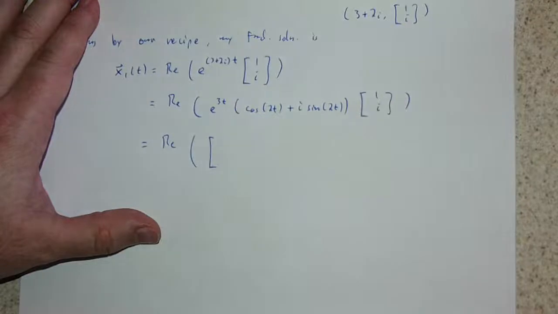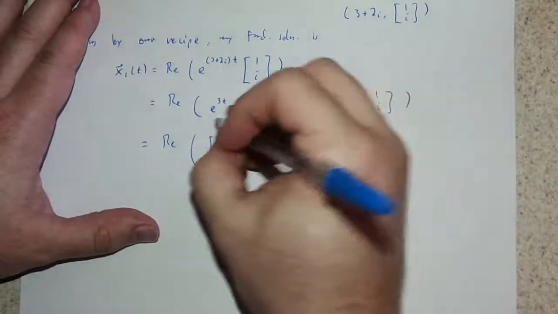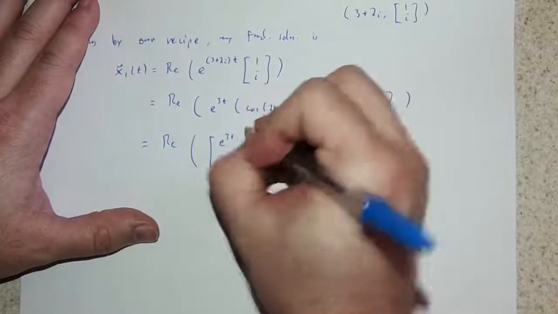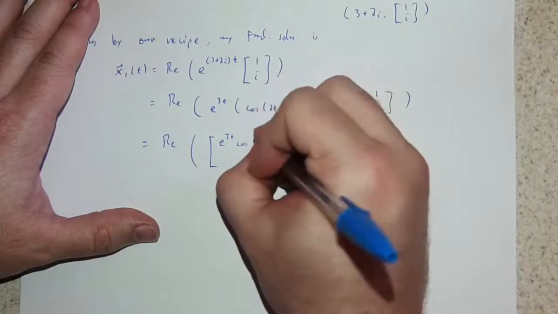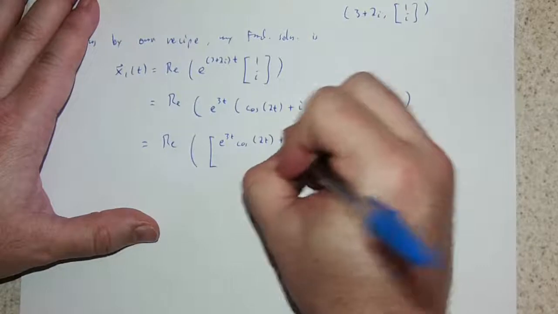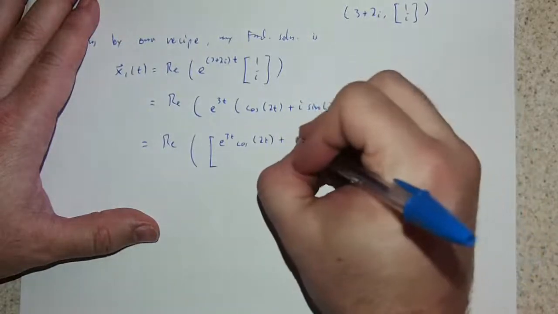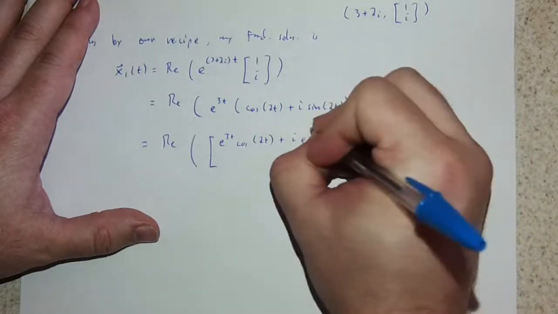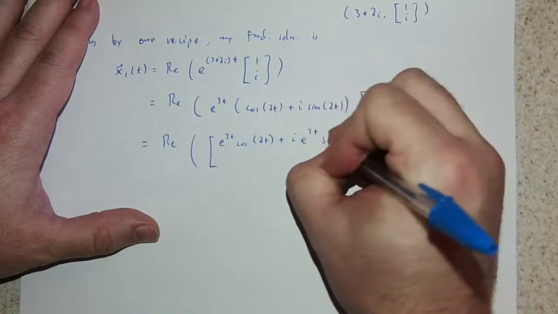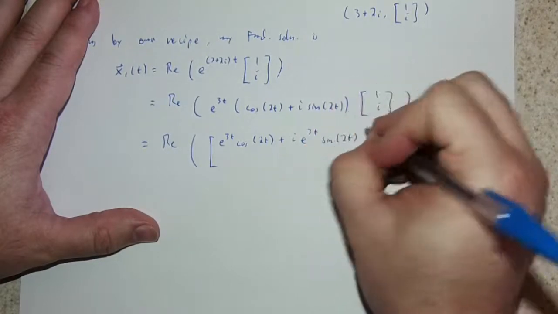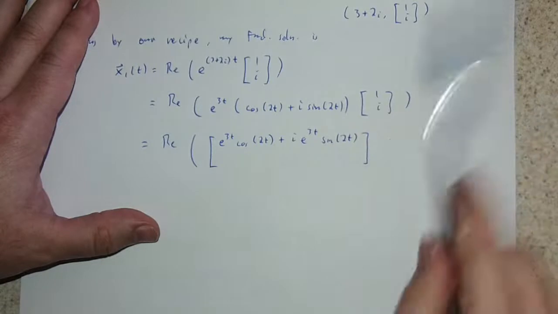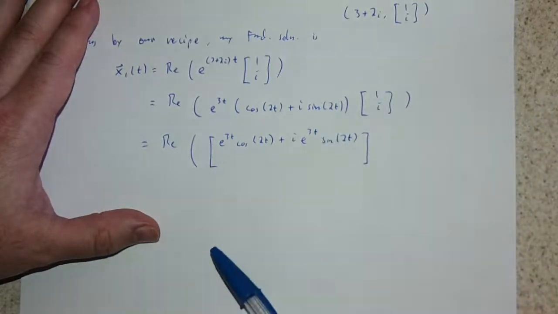Let's just write it as a vector if you like. So this would be e to the 3t cosine of 2t plus i times e to the 3t sine of 2t in the first slot, because I'm just multiplying it by 1.